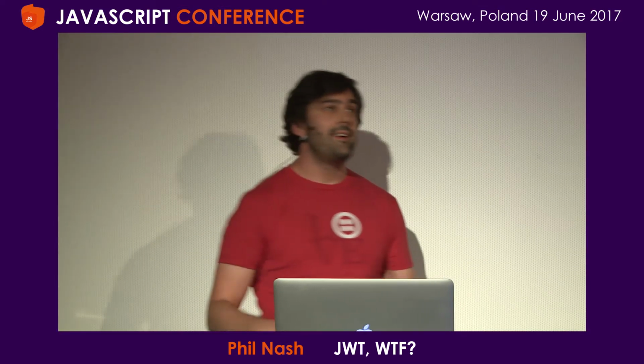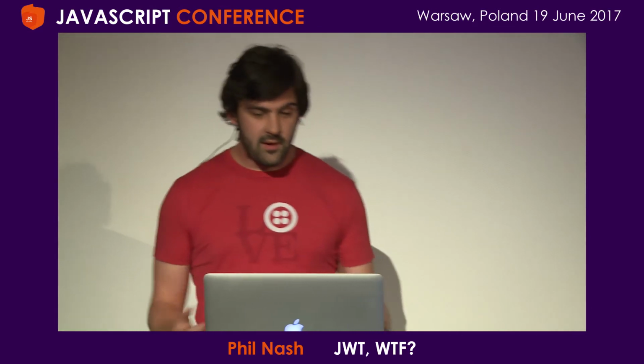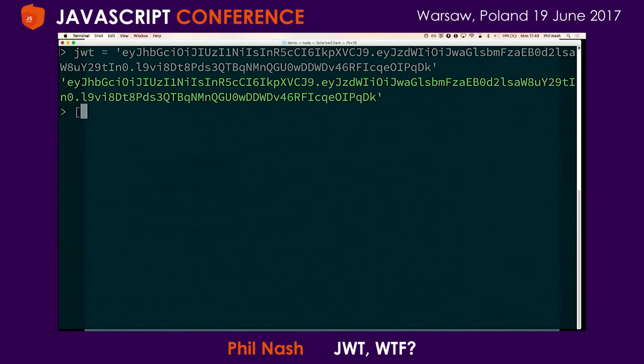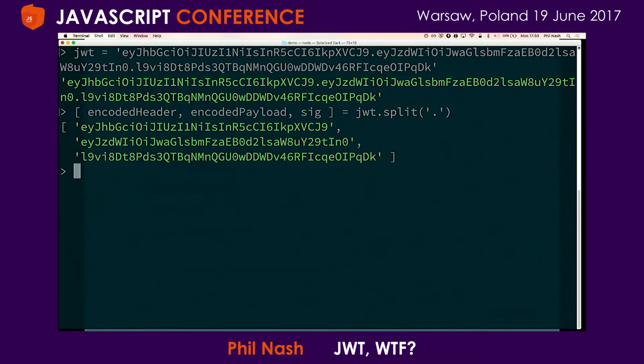So if you start with that, how do we find out the data about it? As I said, all we've done is encode these things. So first up, using a bit of fancy destructuring in an array here, we can get out, again, our encoded header, payload, and signature by splitting the JWT on the dots. And that gives us back those parts.